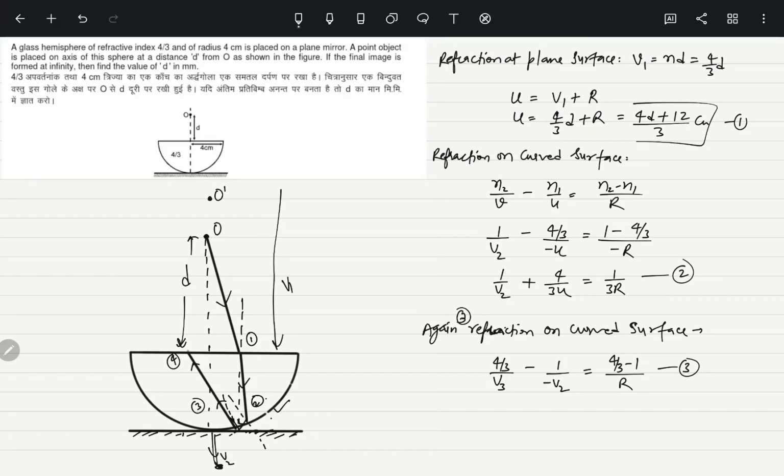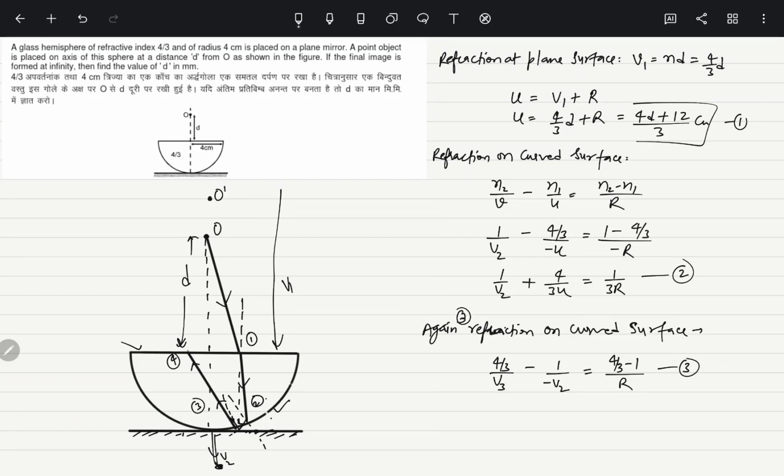Now this v3 is the image formed by this curved surface, and it will work as an object for the fourth refraction, right? We know the final image is formed at infinity. That is only possible because the refraction on the plane surface will form an image at infinity only if the object is at infinity.